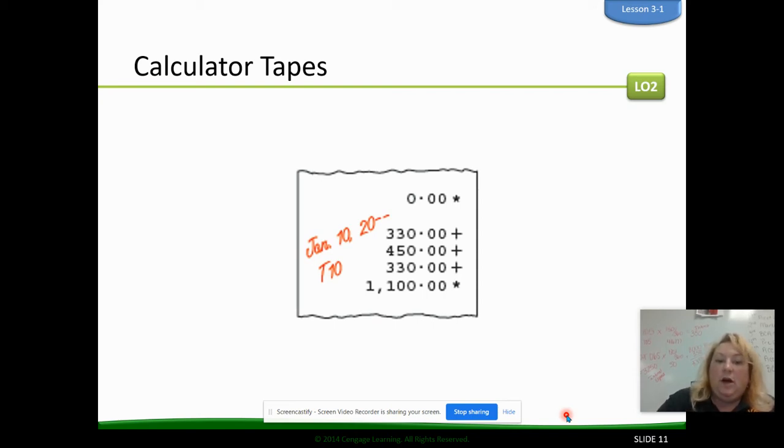So we call that a calculator tape, and the source document number that we're going to use is that T. That T symbolizes that it's a tape, and we're dealing with cash received during our normal weekly operations.